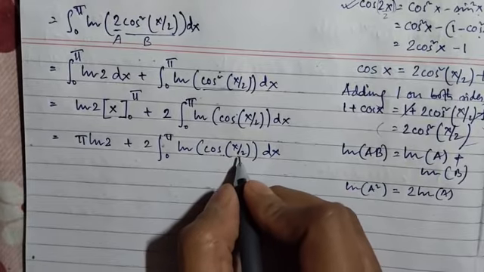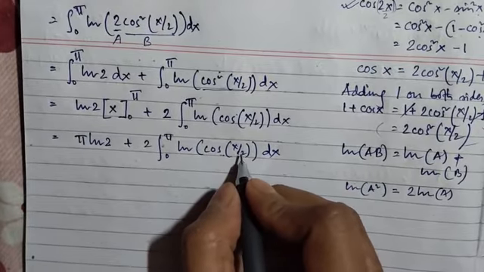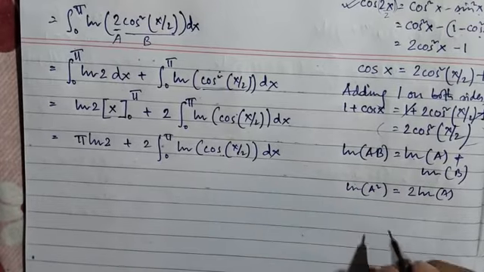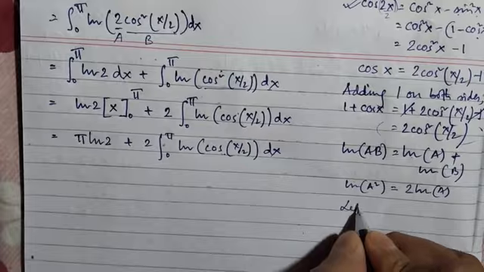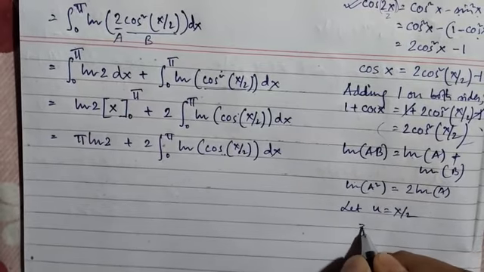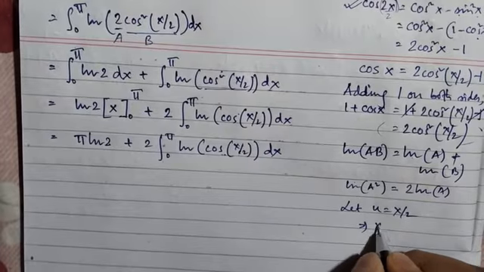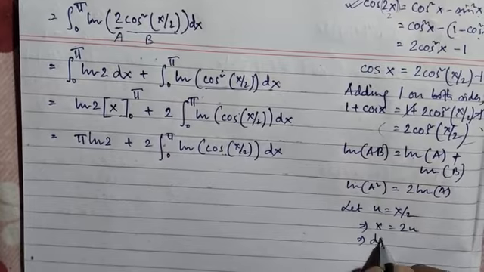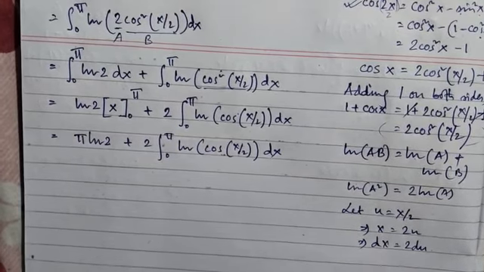By the principle of substitution, we can eliminate this term. Suppose we let u equal x/2. So x equals 2u. Differentiating on both sides, we can write dx equals 2 du.